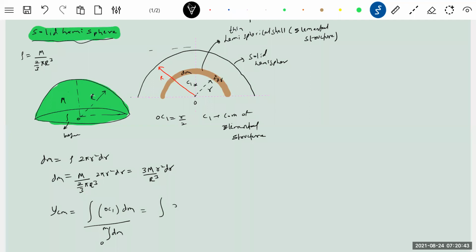OC1 should be equal to r by 2 times dm, which is 3m r square dr, divided by the total mass. The limit should be 0 to capital R. So then further, YCM is equal to m gets cancelled, so 3 by 2 r cube, integral of r to the power of 4 dr.